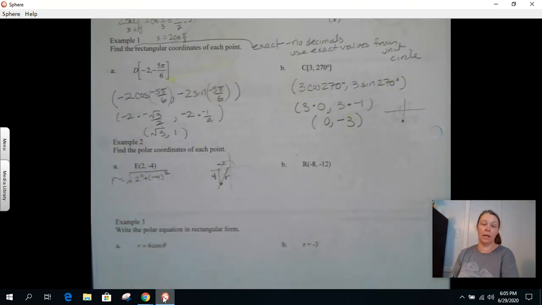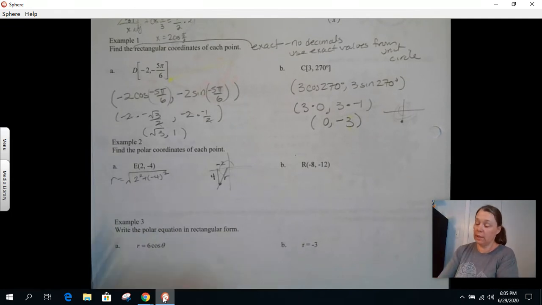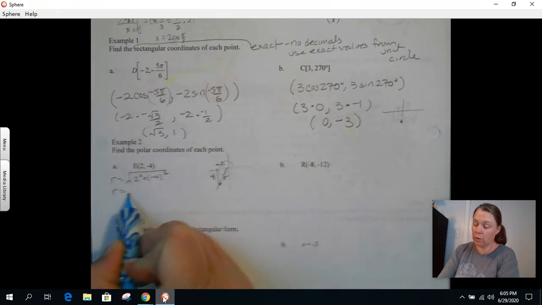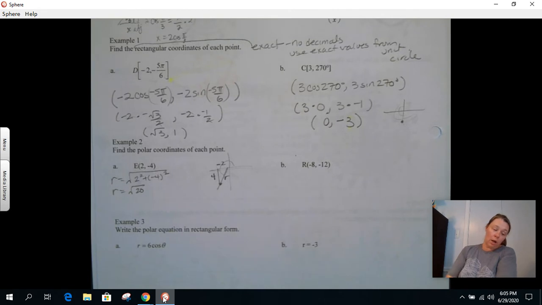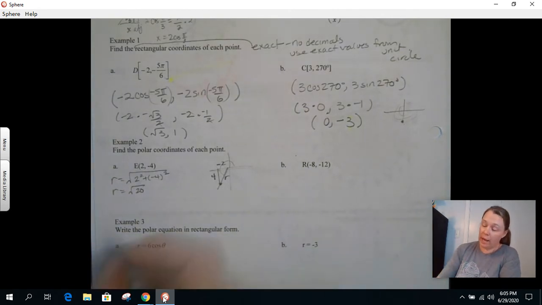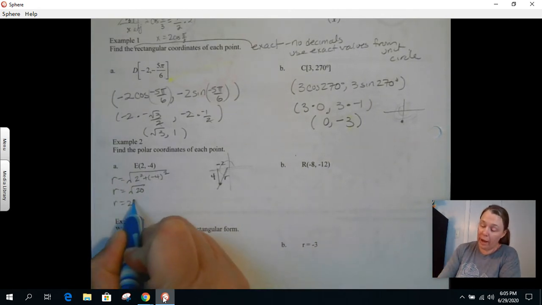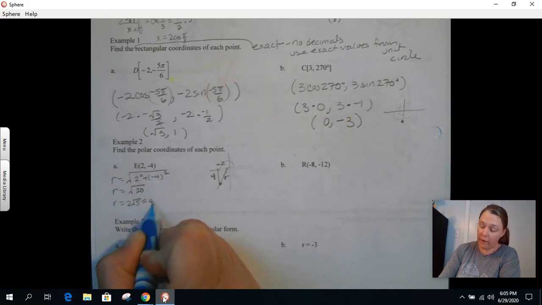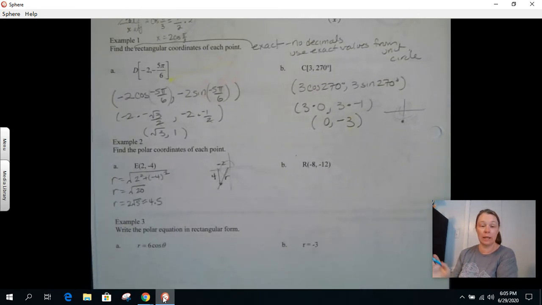Notice I'm just putting that -4 in parentheses before I square it. So this is 16, that's 4, so r equals the square root of 20, which you could write as 2√5, or it's about 4.5. Decimals are fine. If it doesn't say exact, it's fine.